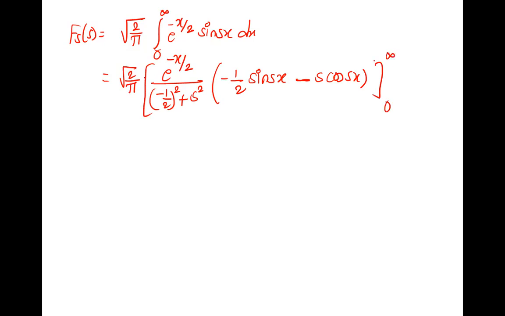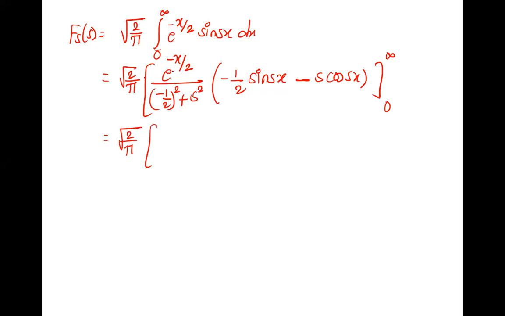Have I written it correctly? Just check once. e raised to ax as it is upon a square plus b square, a into sine minus b into cos, correct.